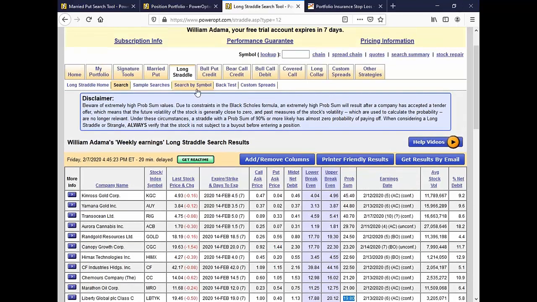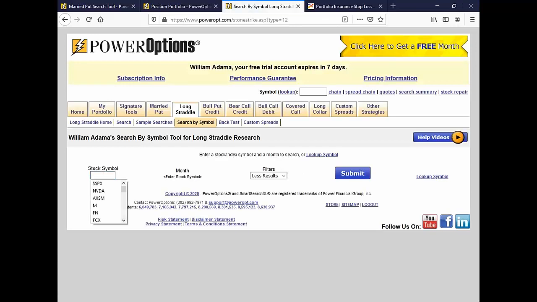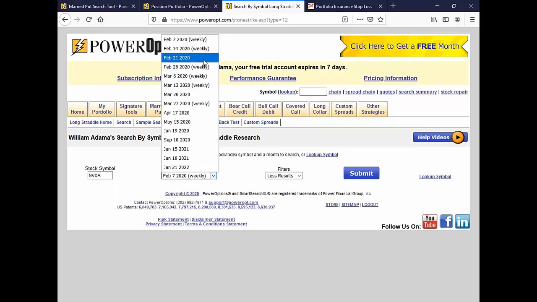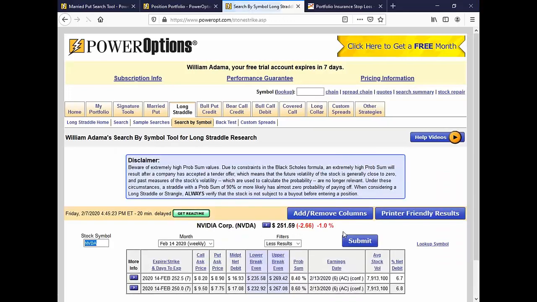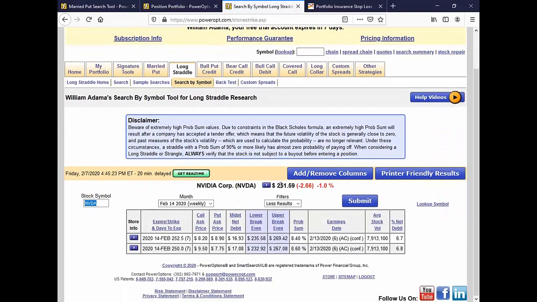Now, case in point, we'll go to the search by symbol tool. We'll go to NVIDIA, and we'll go to February 14th. I'm just going to leave it at less results right now. So we're buying a call and buying a put, essentially at the money in this case. The stock's at 251.59.